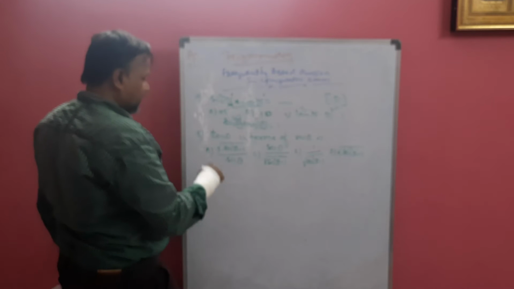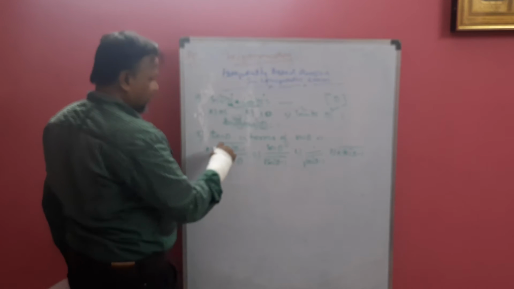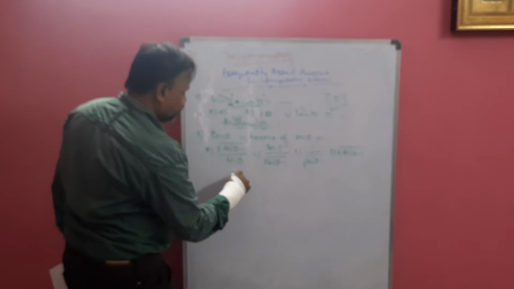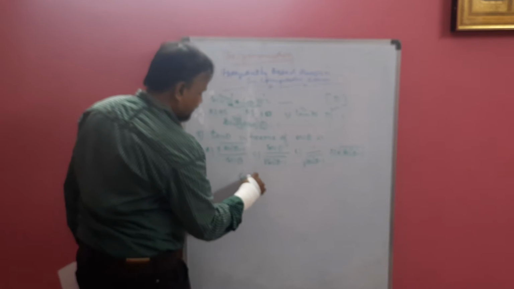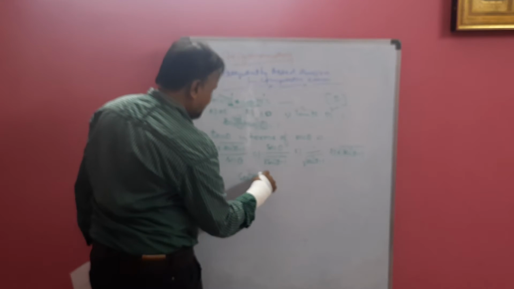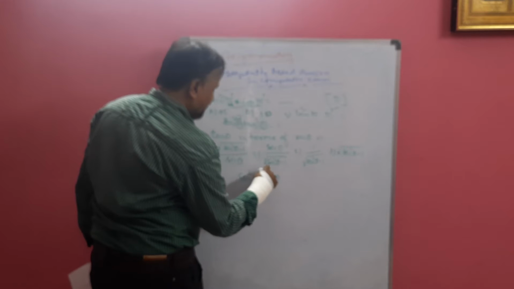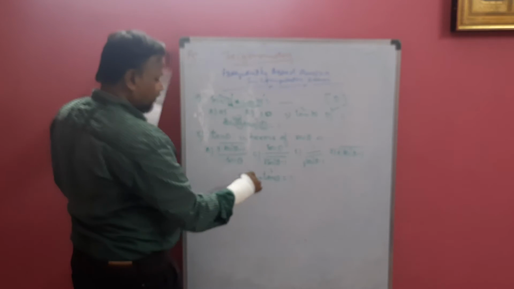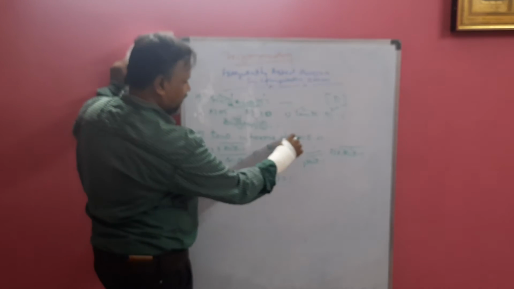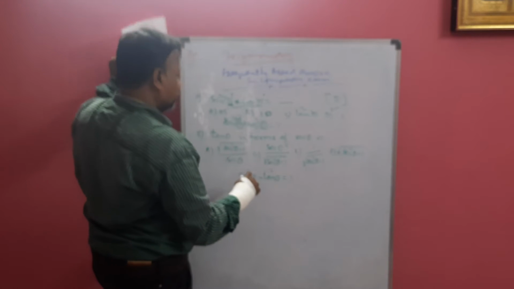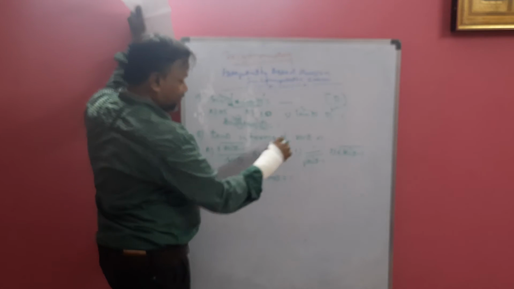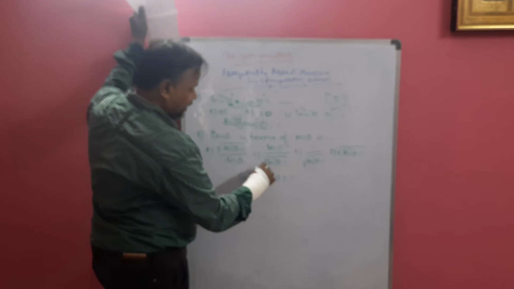We know the identity relating tan to sec: sec square theta minus tan square theta equals 1. We have to find tan in terms of sec, so we have to separate tan.